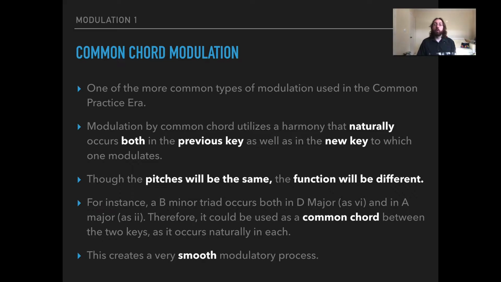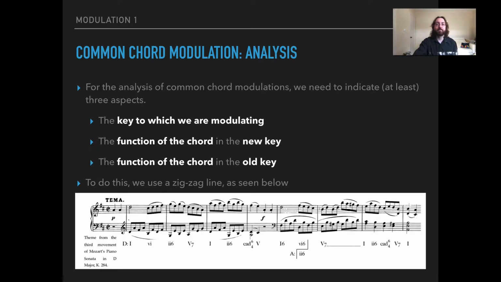Therefore, this can be used as a common chord between the two keys. It occurs naturally in each. We don't have to change any pitches in order for it to occur naturally in either scale. It occurs as vi in D major and as ii in A major. Thus, the common chord modulation creates a very smooth modulatory process.